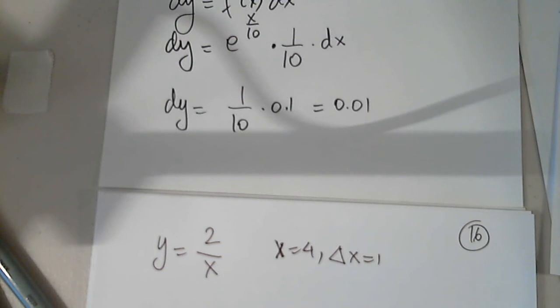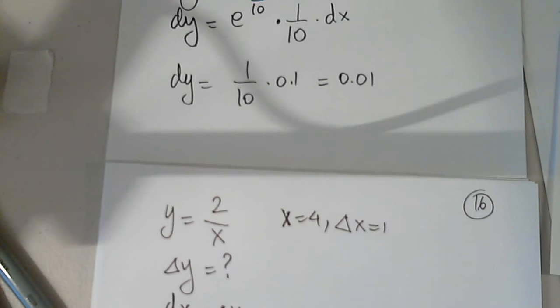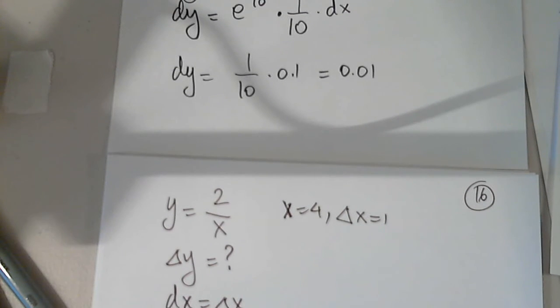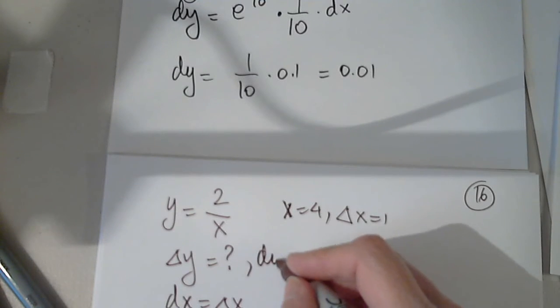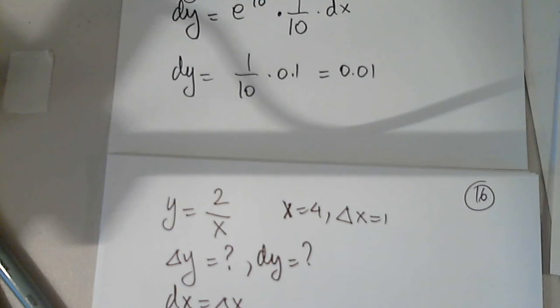So they say, find delta y, and of course dx is the same with delta x. Okay? And also find dy. So they want delta y and dy, knowing that x and delta x are the same.